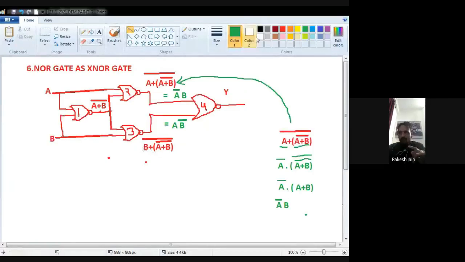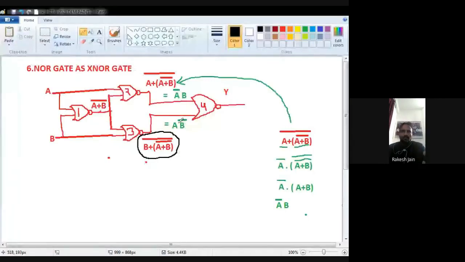This second one, which I mentioned with the black color here, we will simplify to find AB bar.